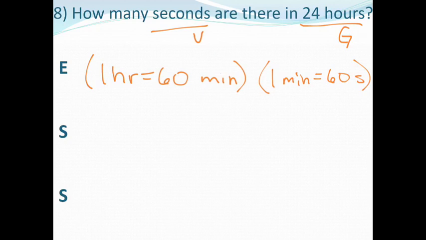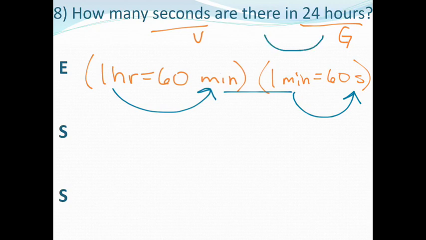Okay, you can kind of see how we're going from hours to minutes with this first conversion, and then from minutes to seconds with the second conversion here. We can kind of connect the dots between our hours and our seconds, and it's going to take 2 conversions to get there, but we can see that we have all the equations that we're going to need in order to get there. So let's start setting it up.